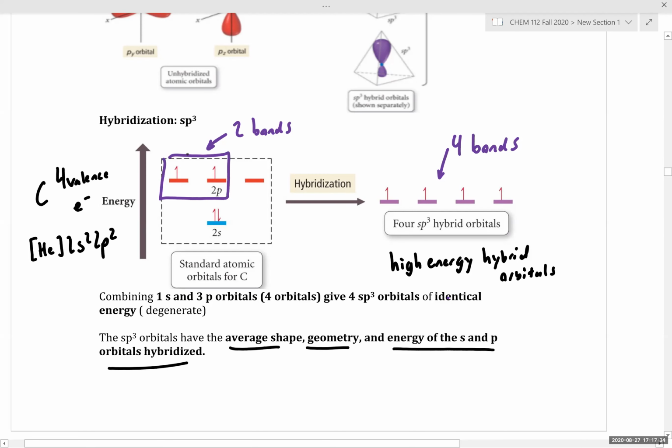Are we hybridizing a relatively large number of p orbitals, which are high in energy? So in the sp3 hybridization, are we hybridizing a relatively large number of high energy p orbitals or a small number of p orbitals?